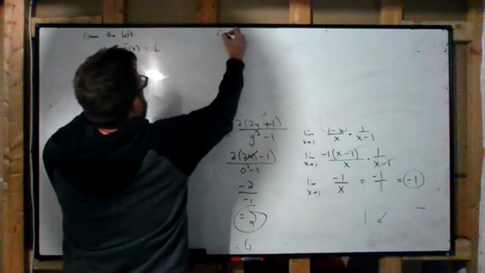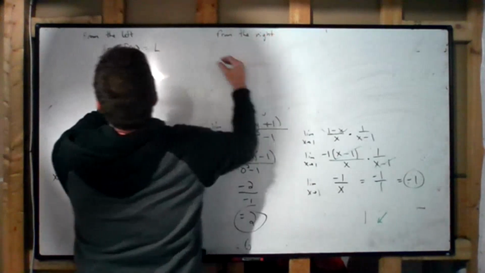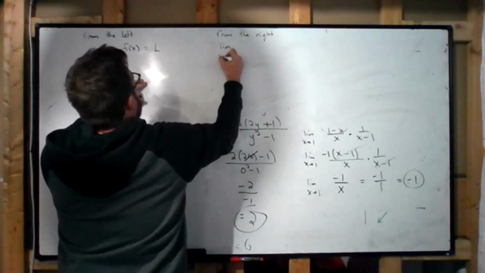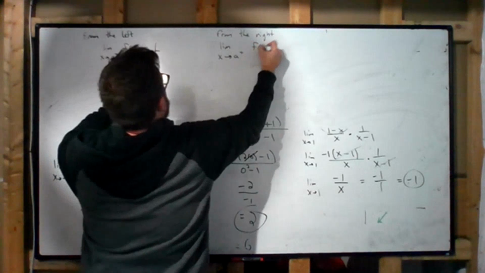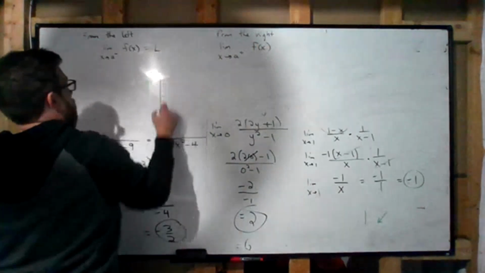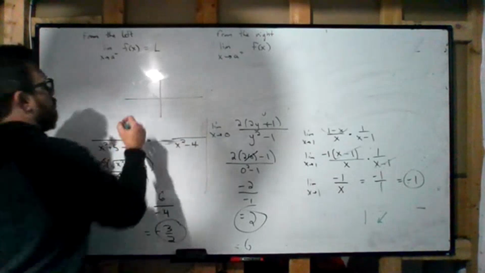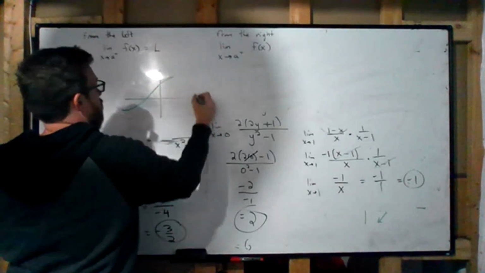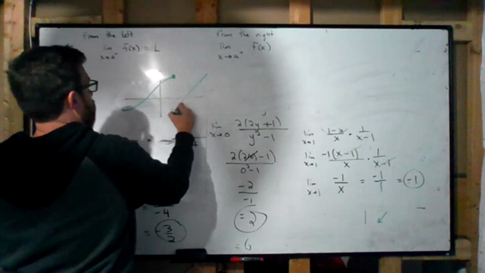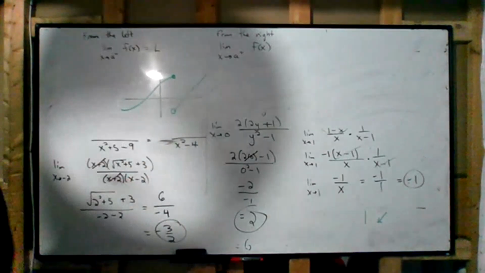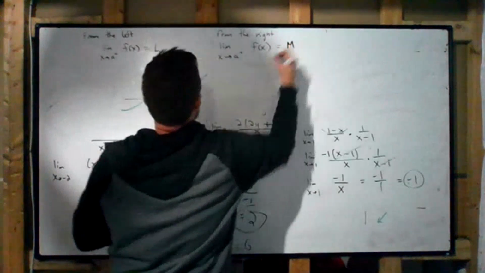And then from the right. And it could happen that they don't have the same value. One function might look like this, and another function might look like this. So it's possible at this a that you get two different values. This one might be L and this one might be M.